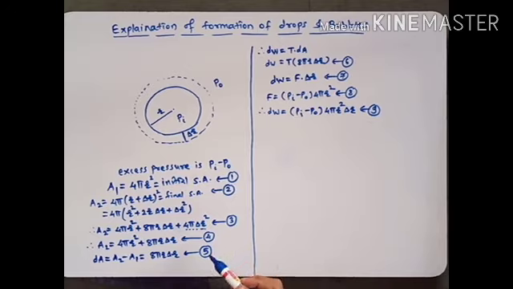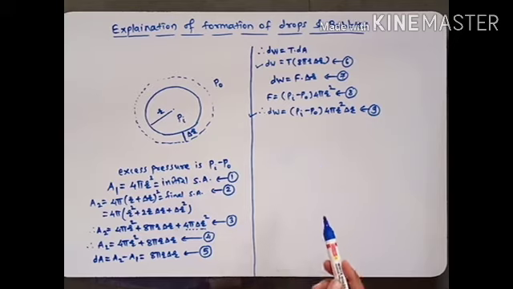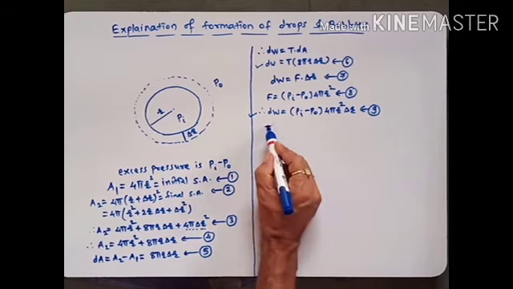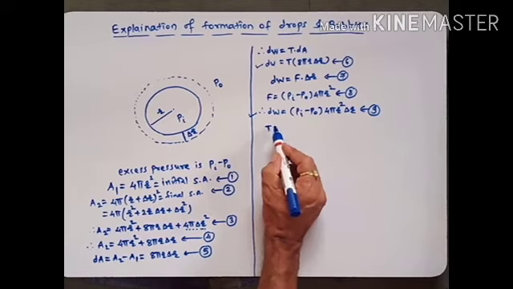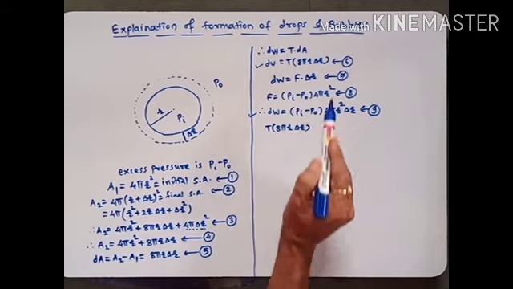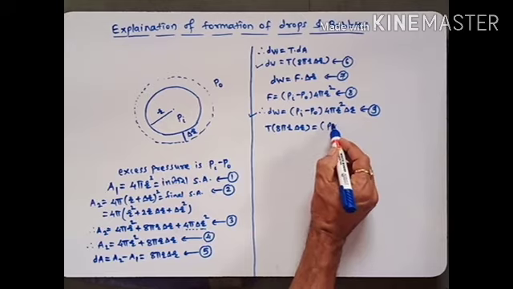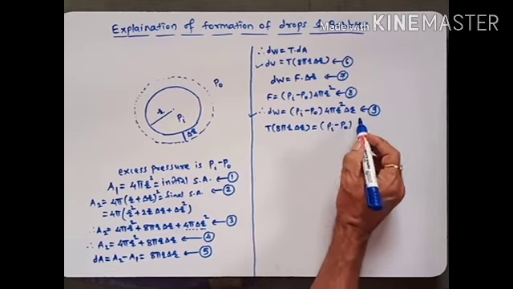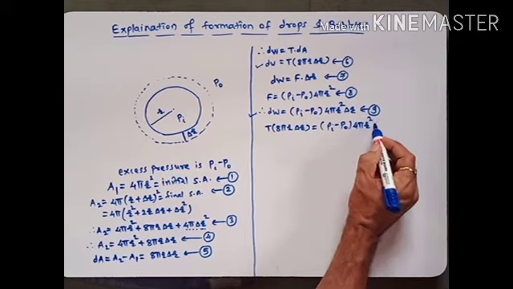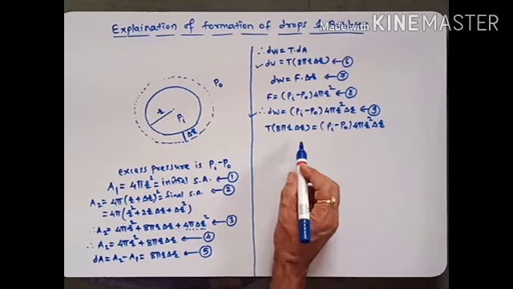Now from equations 6 and 9, if we equate these two, we can write here T into 8 pi r delta r, right hand side of the equation 6, is equal to Pi minus Po into 4 pi r square delta r.